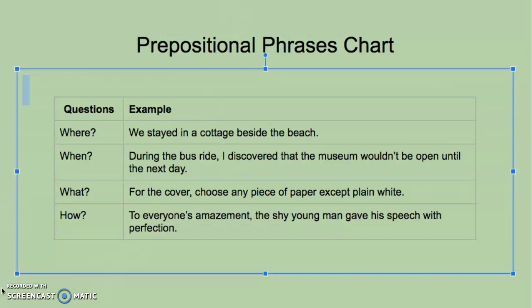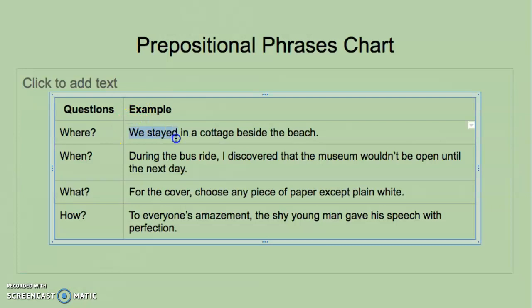So if you look at these sentences, think how they would sound and how their meanings would change without the prepositional phrases. For example, "we stayed" is missing its prepositional phrase. "I discovered that the museum wouldn't be open." Okay.